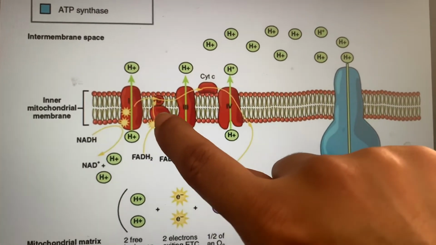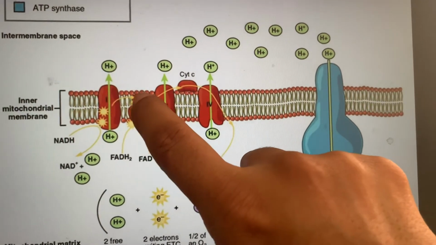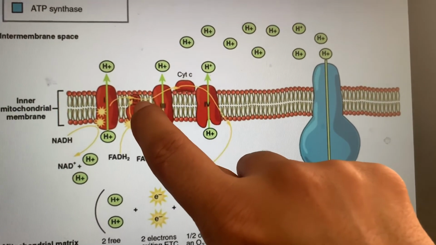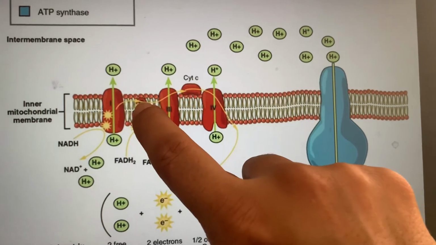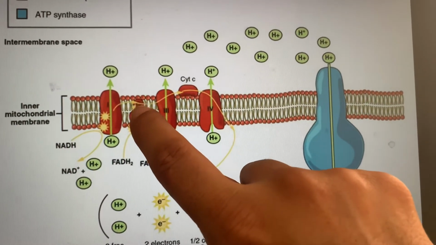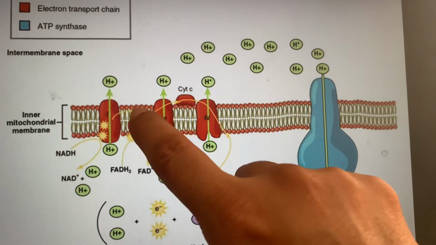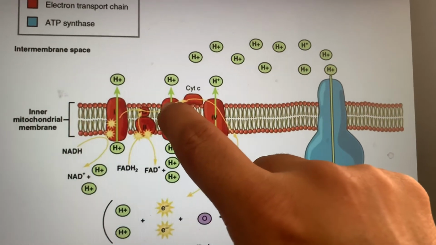Both of these electrons go to the intermediate coenzyme Q, ubiquinone Q, because this is an organic coenzyme.